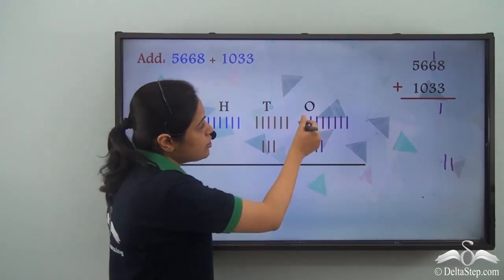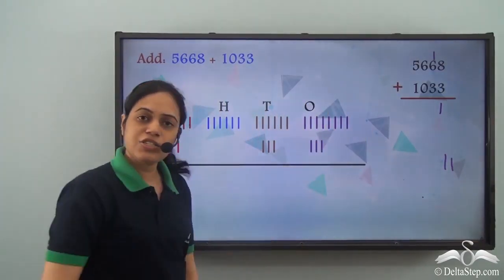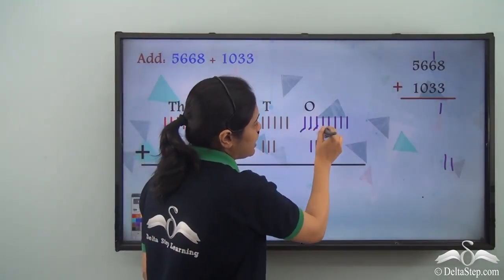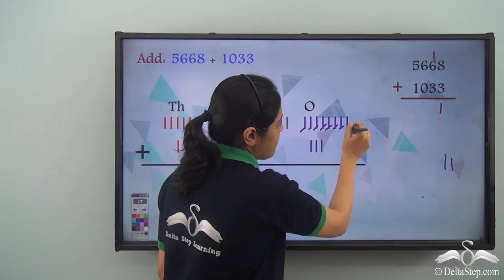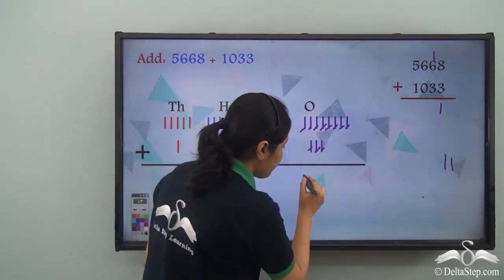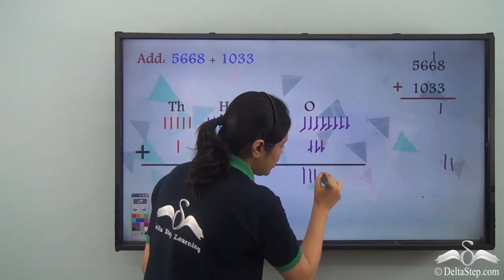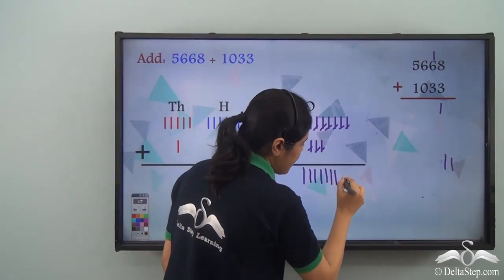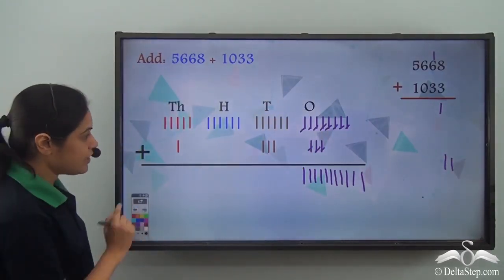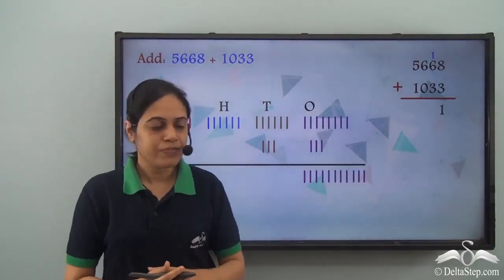It will become clear over here. Let us see. So now I need to add these two. How many do I have? 1, 2, 3, 4, 5, 6, 7, 8, 9, 10, 11. So I write 11 here. I have 11 here in the ones place.